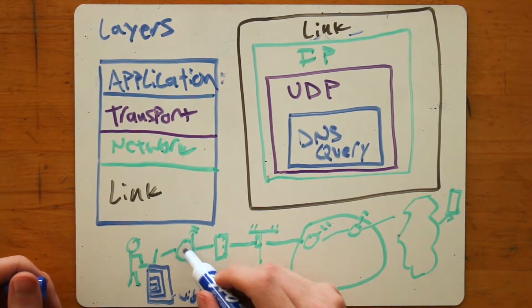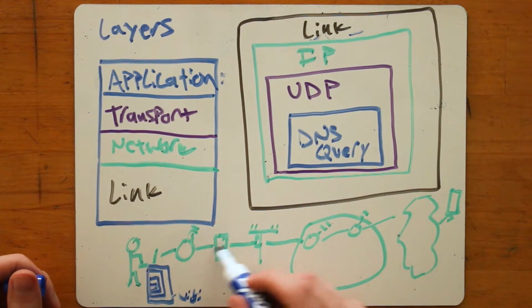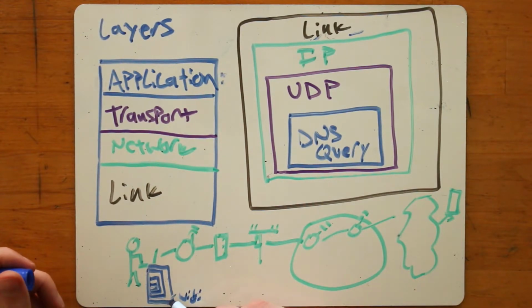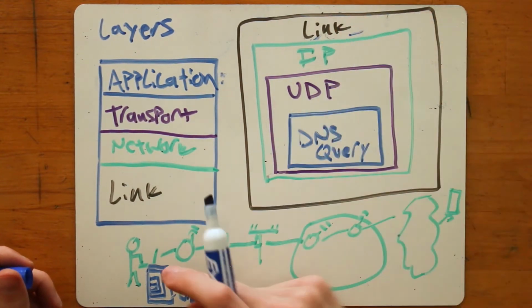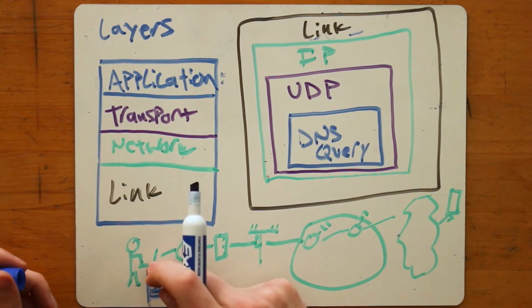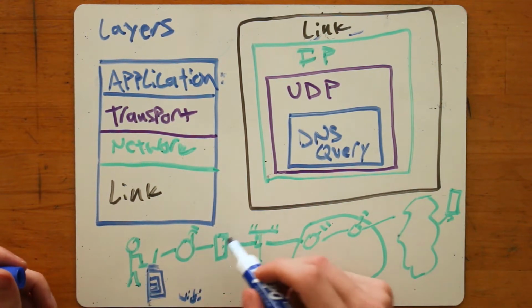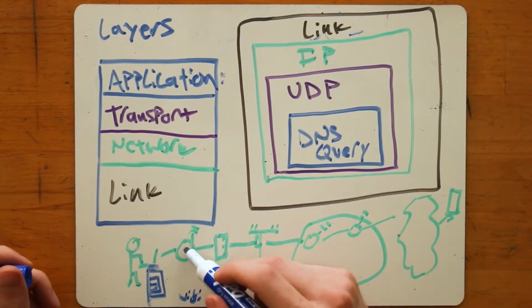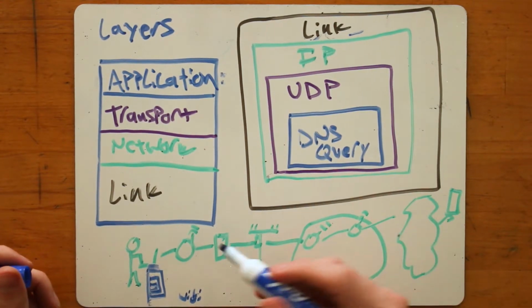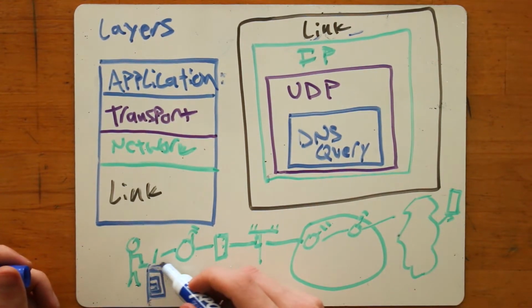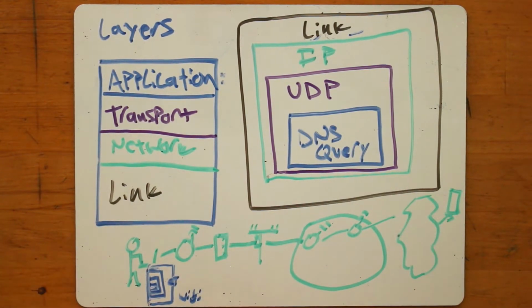And once it gets here, these two are connected via Ethernet. So this Wi-Fi link layer is going to be replaced entirely, and this router is going to communicate with this modem over Ethernet. So it's going to have to do a new Ethernet packet, replacing that old Wi-Fi packet.